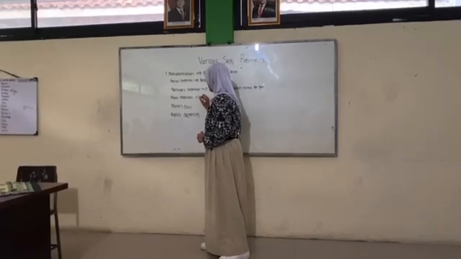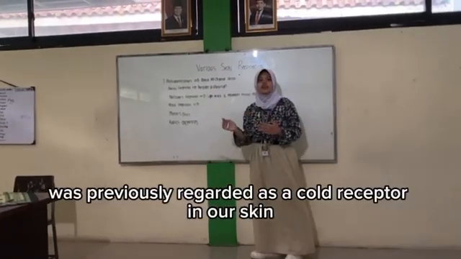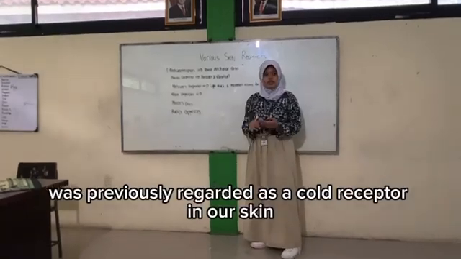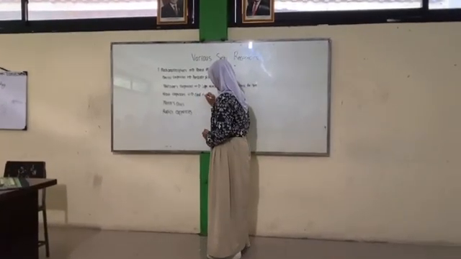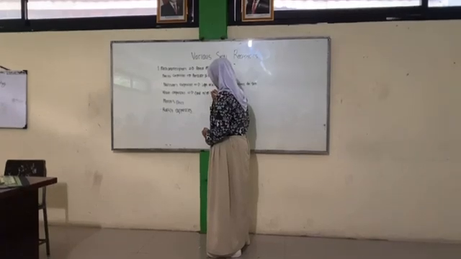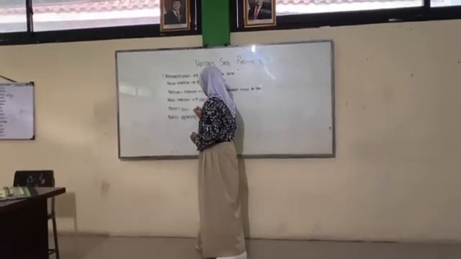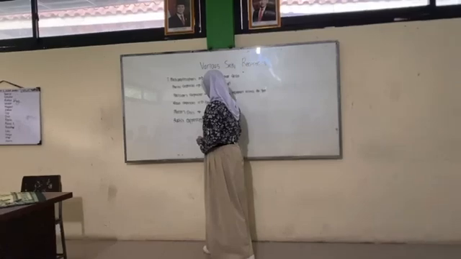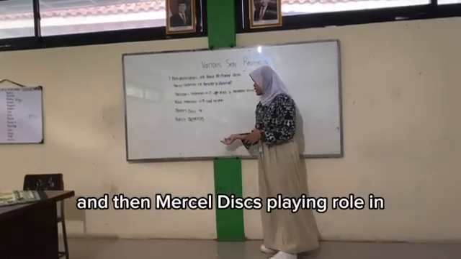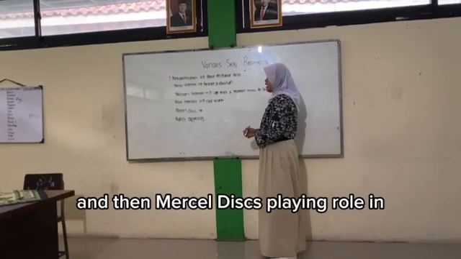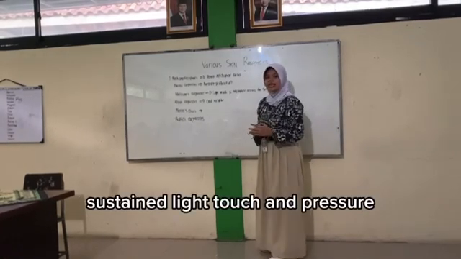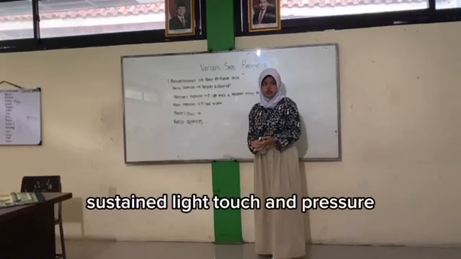These receptors were previously regarded as photoreceptors in our skin. And then Merkel discs. This receptor plays a role in sustained light touch and also pressure.